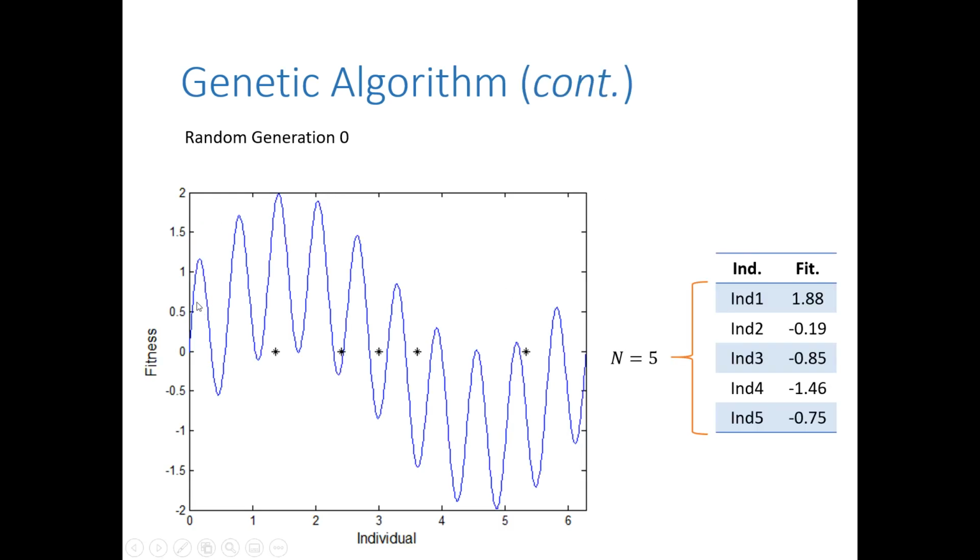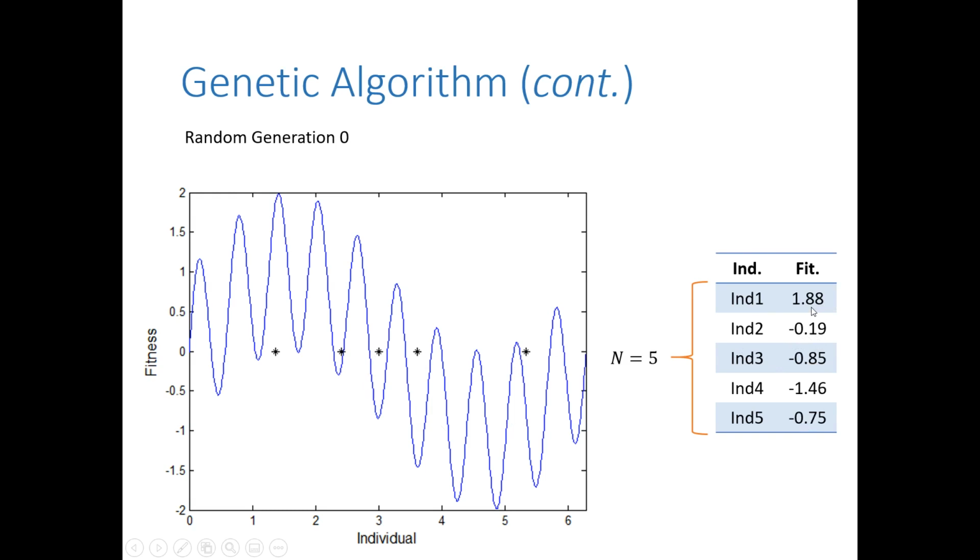Assume that the blue line is our cost function, and like I said, the cost value is normally denoted as fitness. If we have decided that in each generation the number of individuals is 5, then at generation 0, these are the individuals 1, 2, 3, 4, 5, and the fitness values are given as such: 1.88, minus 0.19, and so on.